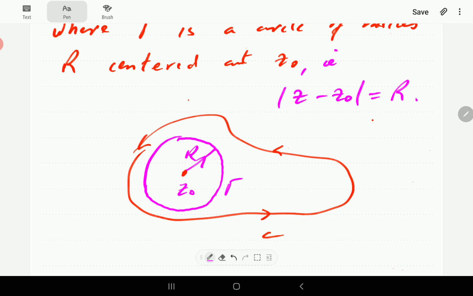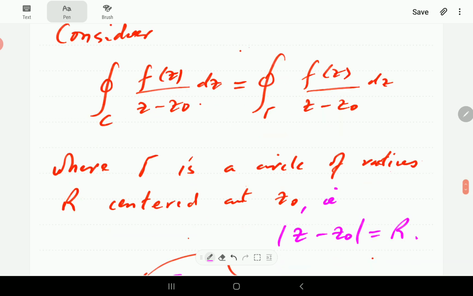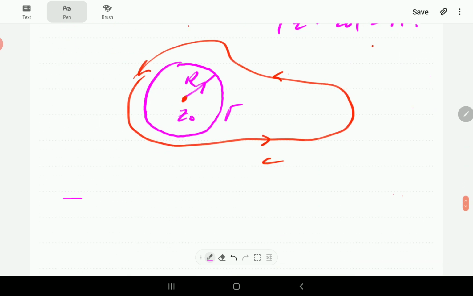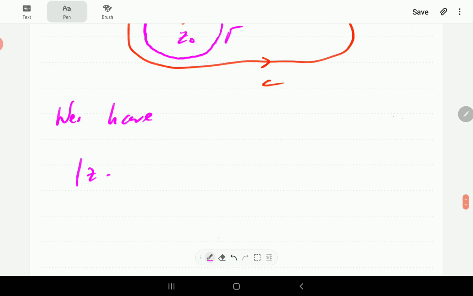Since they both enclose z0, the integral around C of this function must be the same as the integral around gamma. Along gamma, we have mod z minus z0 equals r.